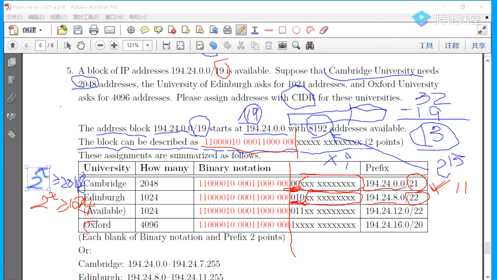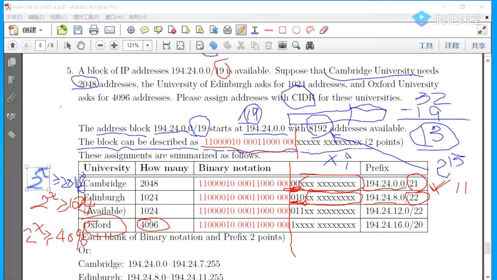Then we assign addresses for Oxford University. Oxford University needs 4,000. According to this inequation, 2^x should be larger than or equal to 4,000. That is 4096, right?